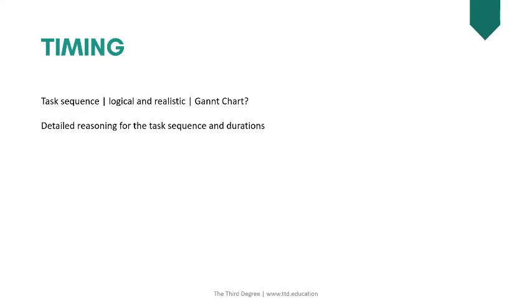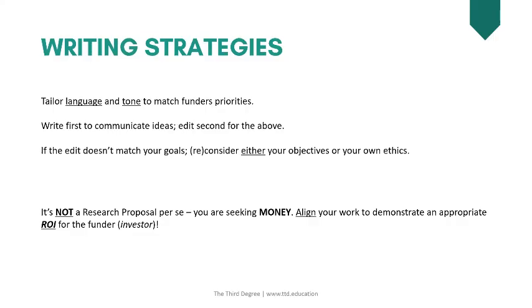Now, when it comes to our research proposal for a PhD, we're not getting into perhaps this level of depth. We might fundamentally cover it in a very simplistic way, but in terms of a research grant application, chances are we're going to be more and more detailed.